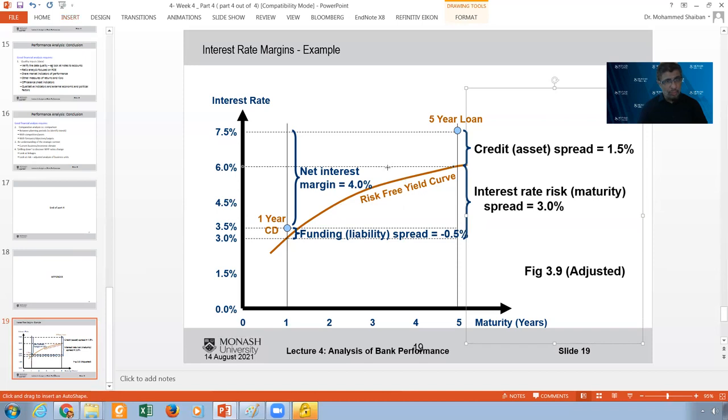This area, all this area from here to here, is the spread for the maturity. But this is because there is no credit risk when we invest in government securities. Credit risk is out of our calculation because the government never defaults.